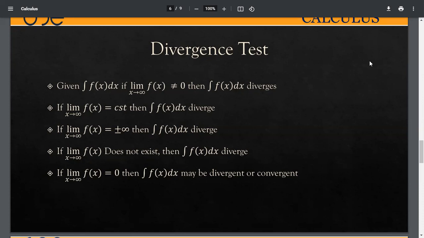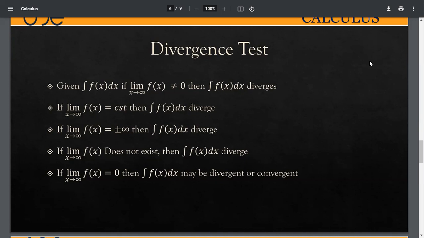Mainly, if the limit is not equal to 0, then this function diverges. Why? Because, as we've discussed before, if the limit is equal to 0, this means that the curve is coming close, I don't know how close, to the x-axis. So that's why if it's equal to 0, it's not necessarily convergent, as we've seen in the case of 1 over x and 1 over x squared.